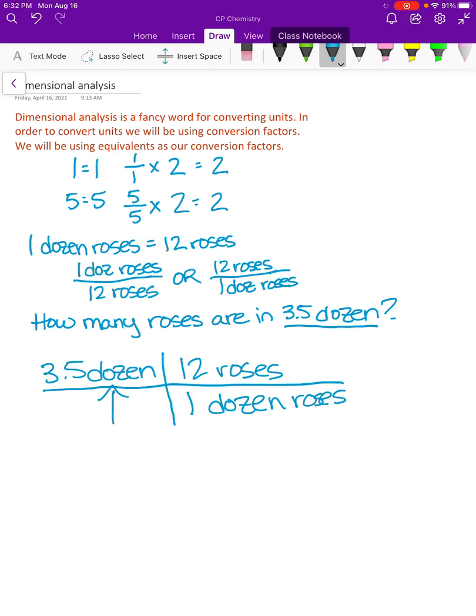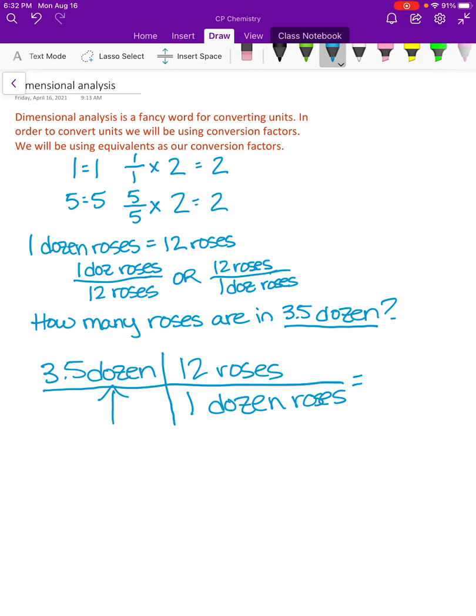roses. Okay, since we've got this set up like this, we're going to multiply everything on top and divide by everything on the bottom. You'll just put it into your calculator. We got 3.5 times 12 equals 42, and then divided by 1, because that's on the bottom.